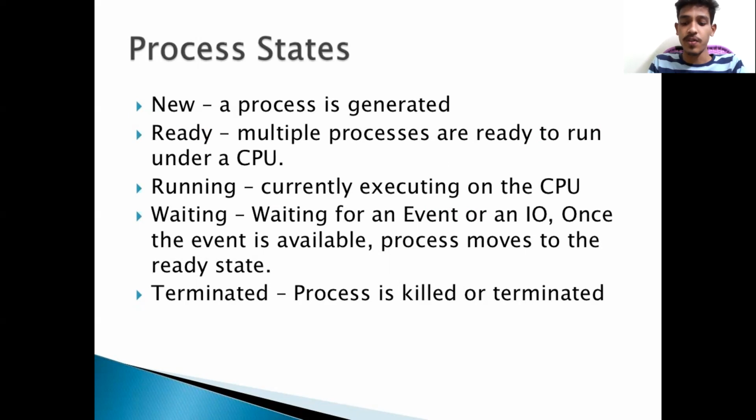If a process wants an IO device to get executed, and for some reason the IO is busy with some other process or it is not connected properly, then it will go to the waiting state. From waiting state to ready state: once the event is available, the process moves to the ready state.